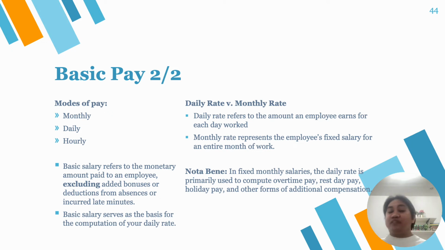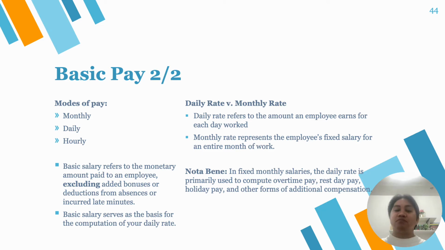So daily rate refers to the amount an employee earns for each day worked, whereas monthly rate represents the employee's fixed salary for the entire month. Now, in the succeeding topics, we will learn how to compute your daily rate and hourly rate, which will be significant and important in the computation of your actual basic pay on account of any absences or undertime, as well as in determining your overtime pay, because that will be hourly as well, and your holiday premiums, because they're on a daily basis, with the premium following the rules on premium computations on different types of holidays.